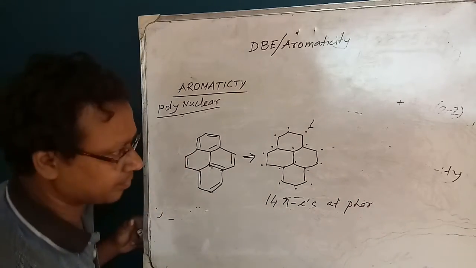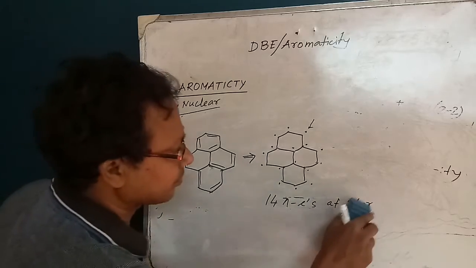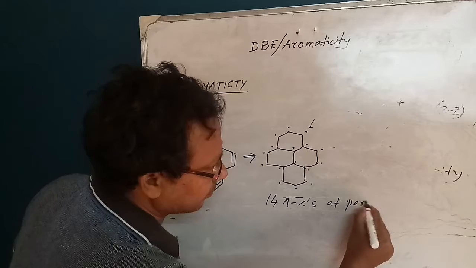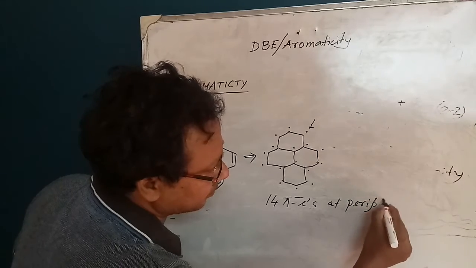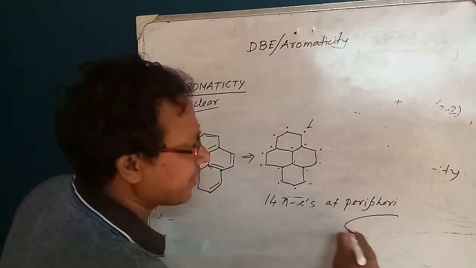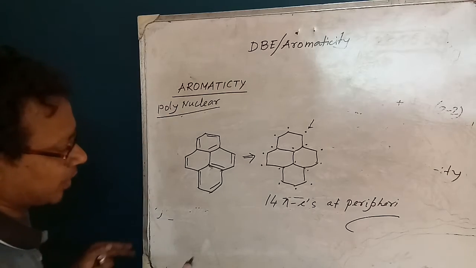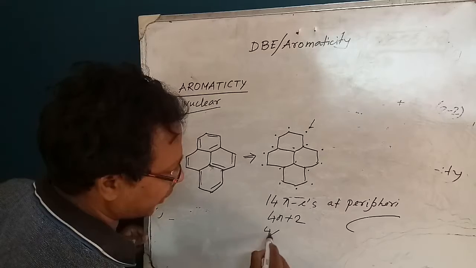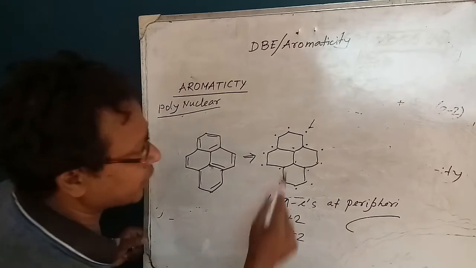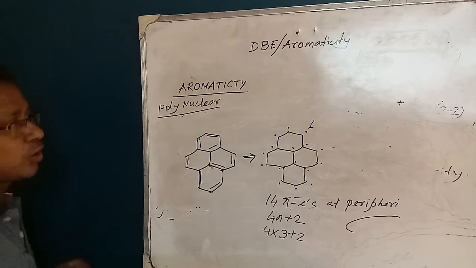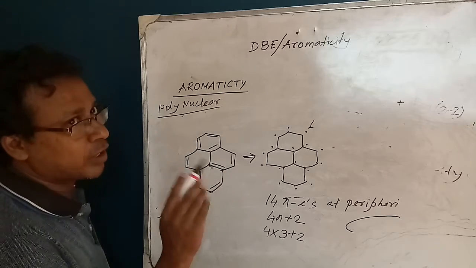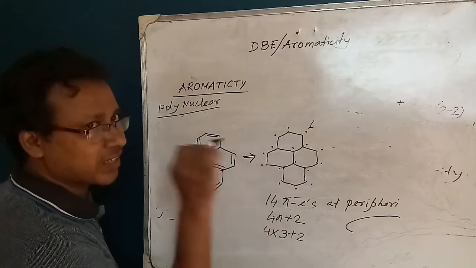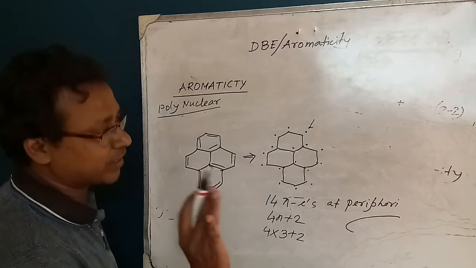Periphery. So it is 4n plus 2, 4 into 3 plus 2, so it's aromatic. If you calculate each double bond as 2, then you will get 16 electrons, but these two are inside, so they will not be calculated.